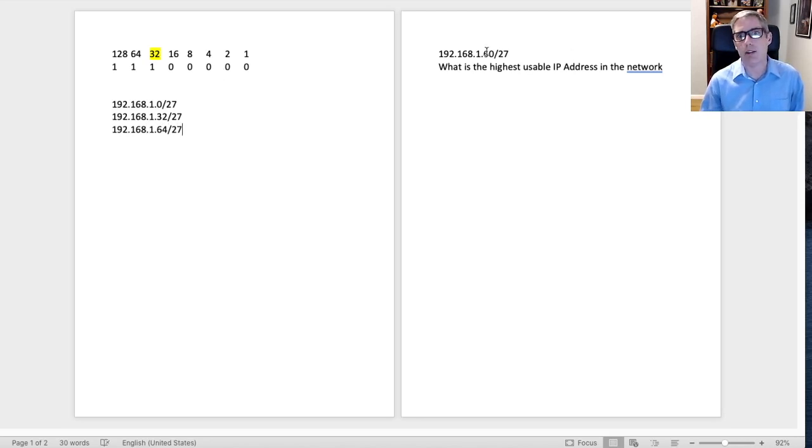And now we're looking at the IP address 60. Clearly that falls in between the second and third network we have listed here. So really it's the second network we care about.